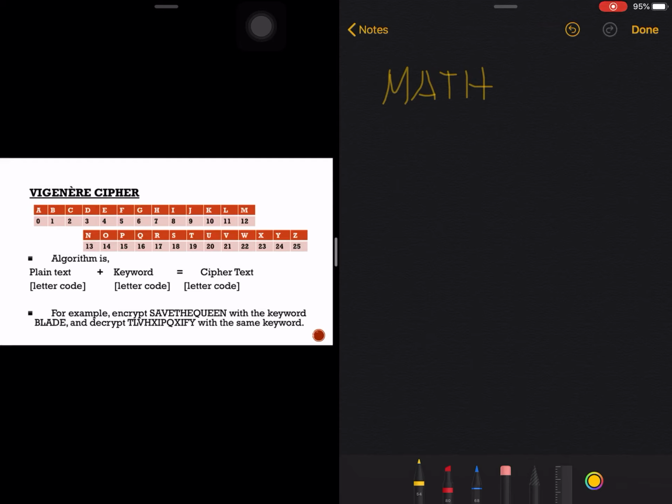And now in Vigenère Cipher, we need a keyword this time. So in the event that I want to encrypt math, and the keyword would be, say, love. As I mentioned, we are to do pairwise letters of the plain text and keyword.